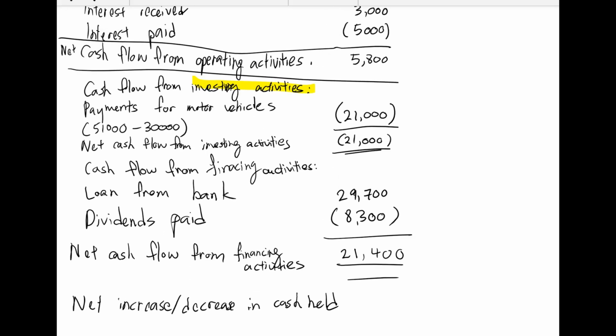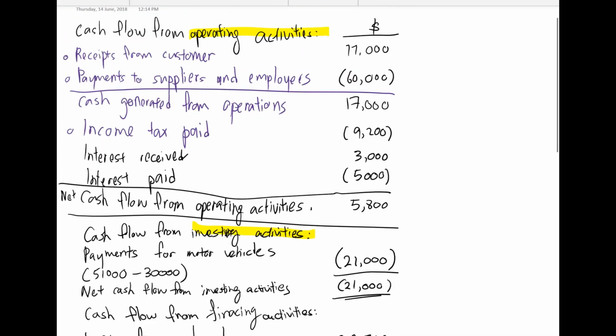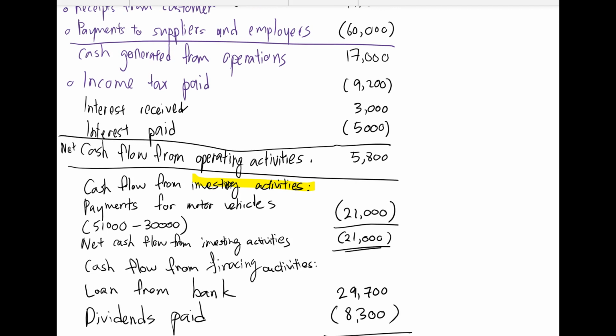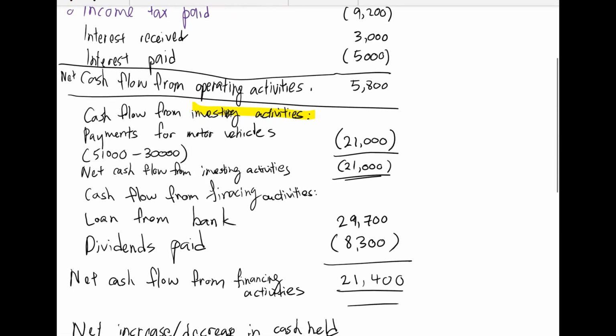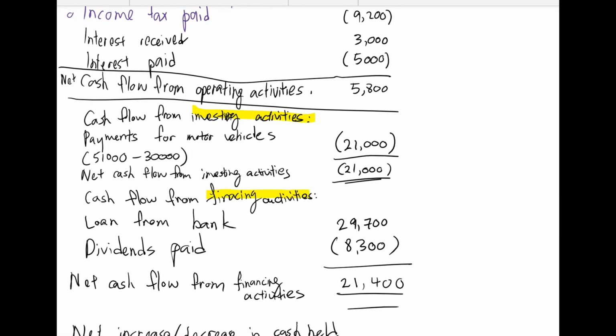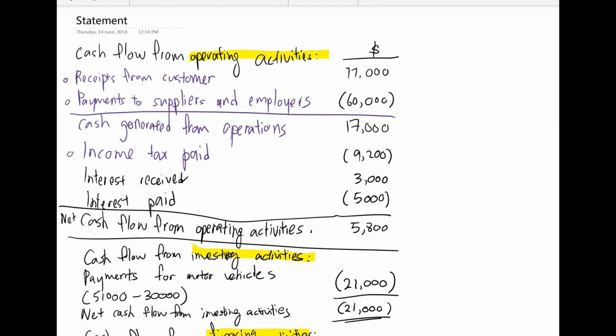You are going to take the subtotal of each section. So basically you have three sections over here: operating activities, investing activities, as well as financing activities. You are going to take the subtotal of each section.